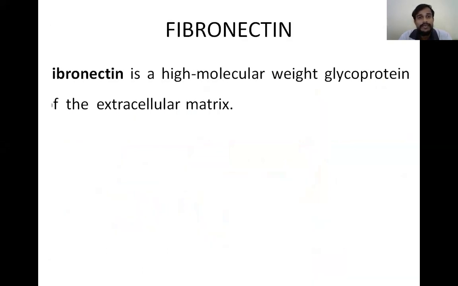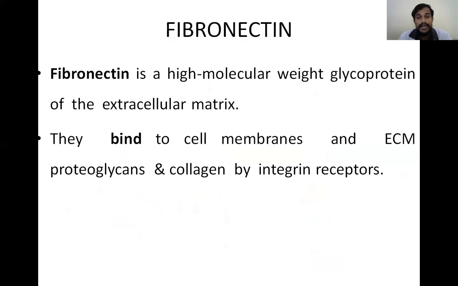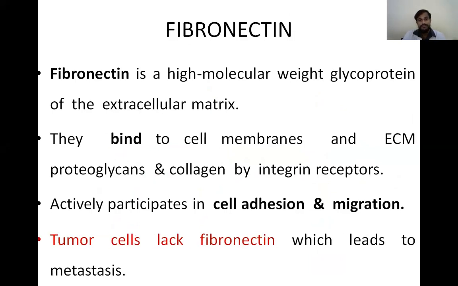So fibronectin is high molecular weight glycoprotein of extracellular matrix, and they bind to cell membranes and ECM, the glycoproteins and collagen, by integrin receptors. And they actively participate in cell adhesion and migration. And tumor cells lack fibronectin, which leads to metastasis.